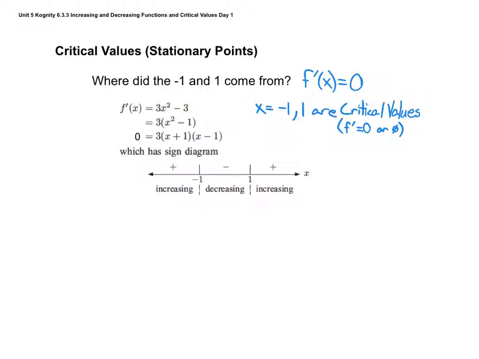On the other hand, we have what are called stationary points. If it's a point, that means it's an actual point on the graph. So if I plug -1 into the original function, it was x cubed minus 3x plus 4.